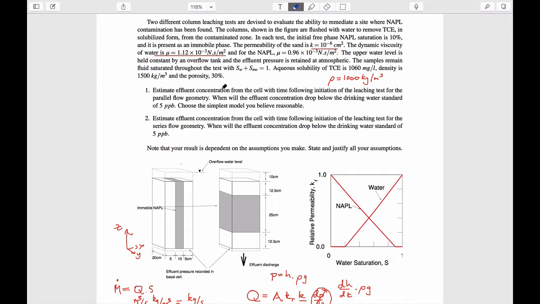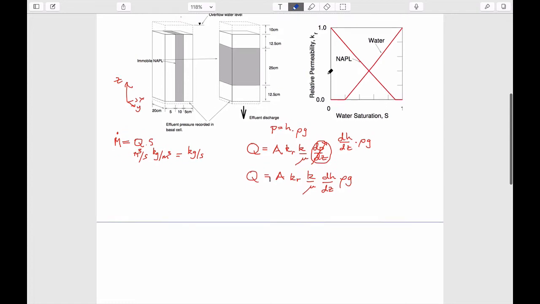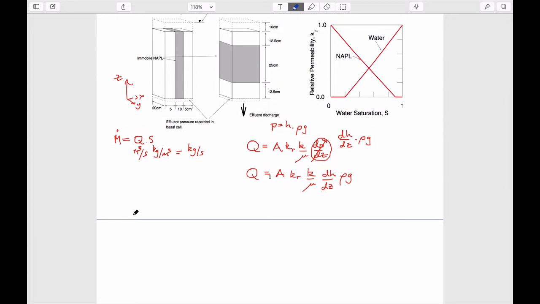So this stripe has an initial saturation of 10%. So it means it's 90% water and 10% NAPL. The NAPL is TCE. And so if we wanted to calculate the flow rate out of here of water, let's do the easy one first.